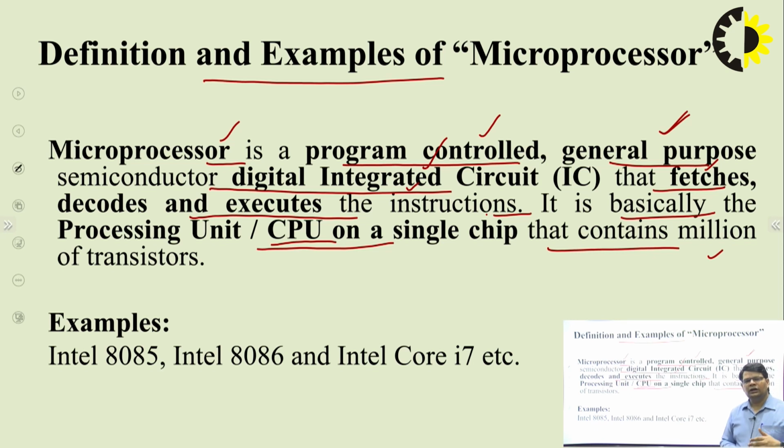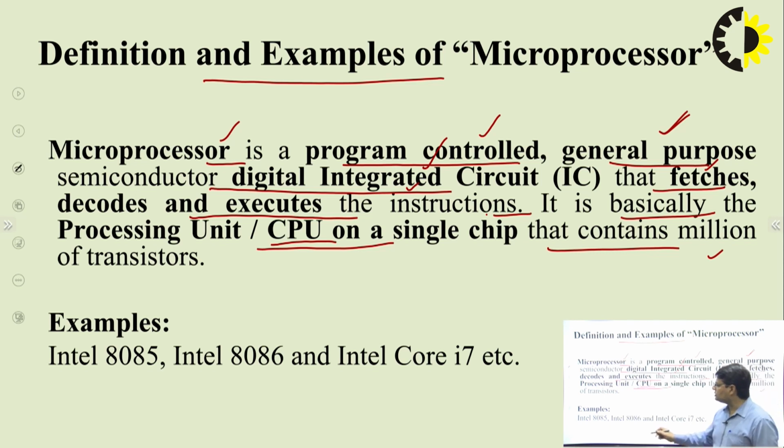The reverse can be, for example, microcontroller, where everything required for a particular dedicated application in limited amount is available on the single IC. So microcontroller has everything on the single chip for a particular application, whereas microprocessor is general purpose and has only the processing unit on the single chip.